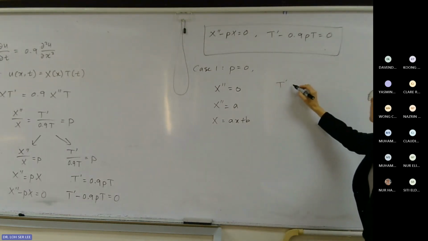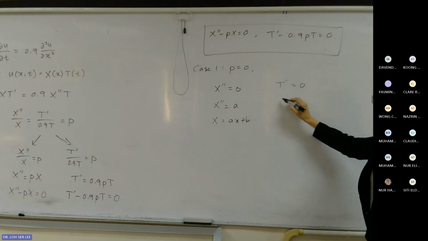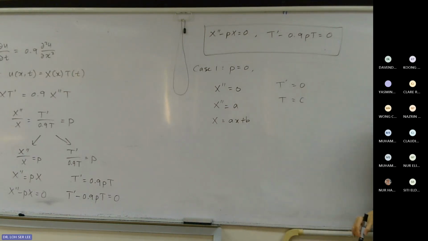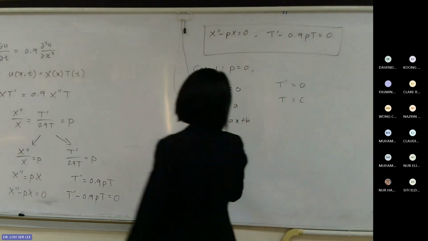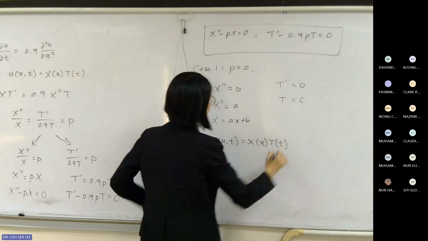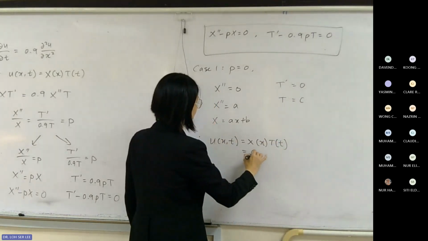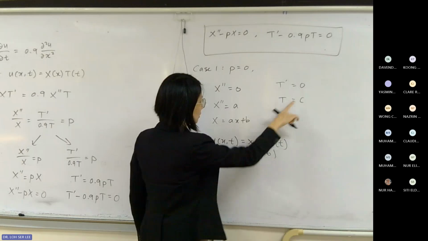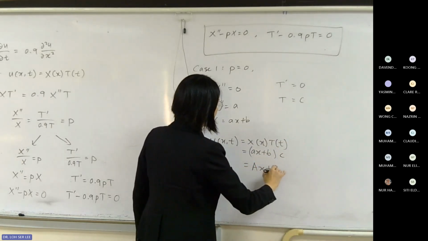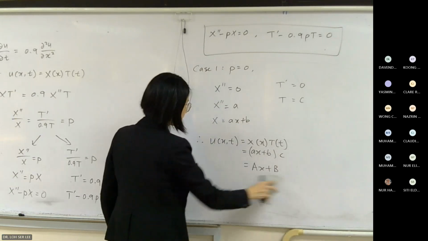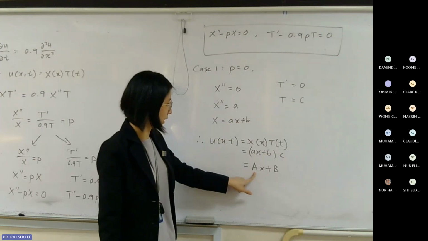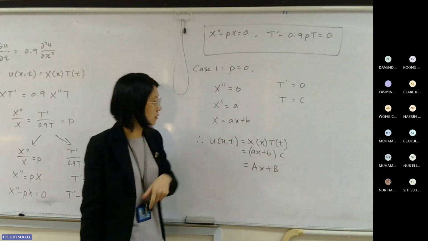So T prime equals 0, so T will be C. Then your U(x,t) will be X times T. This is your X, this is your T. So you get AX plus B. AC, we let it be capital A. BC, we let it be capital B.